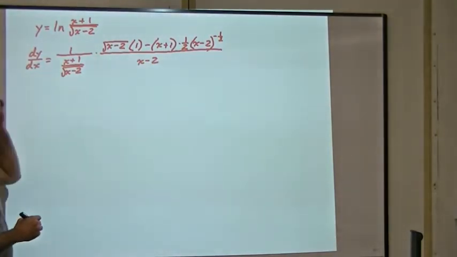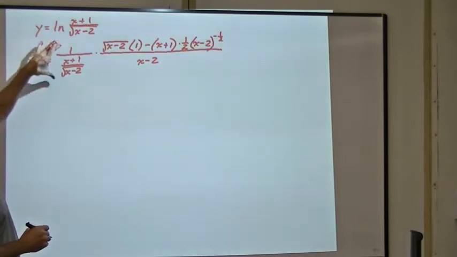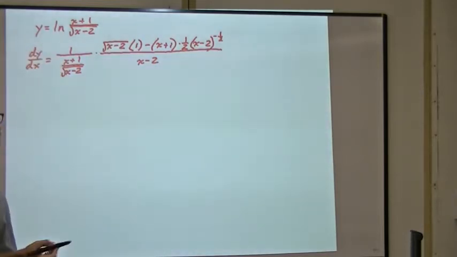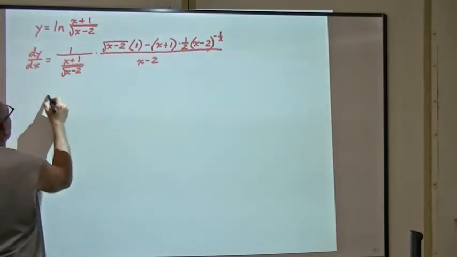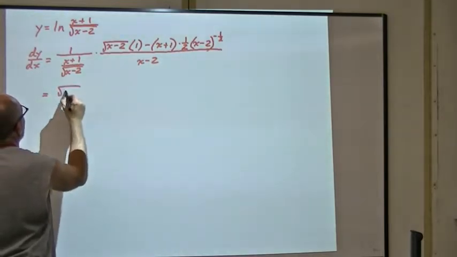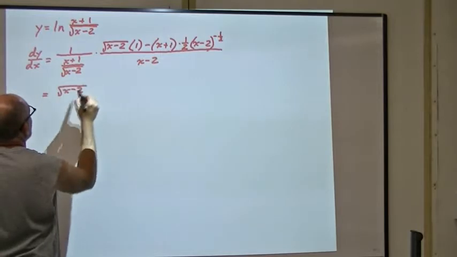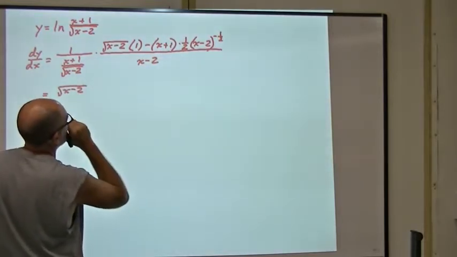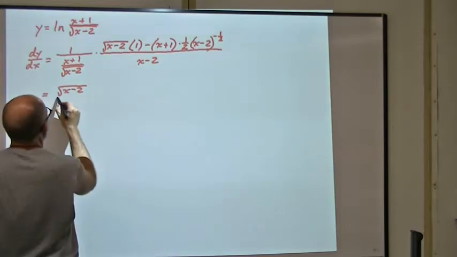Okay, now, first thing we can do, this 1 over this mess, all we have to do is reciprocate that mess. So this is going to equal the square root of x minus 2 times, let's see, what can we do with this? Yeah, let's just do this.